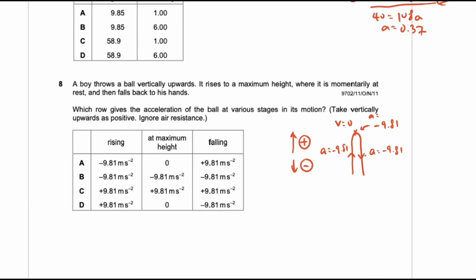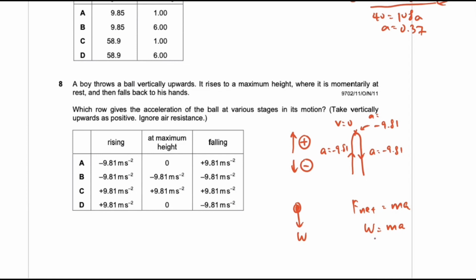We need to know that because what is acting on the ball is the weight. There is no air resistance, ignore air resistance. So the net force is equal to ma, and the net force is W. W is the net force.